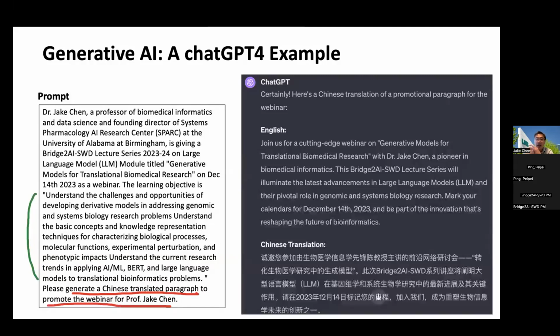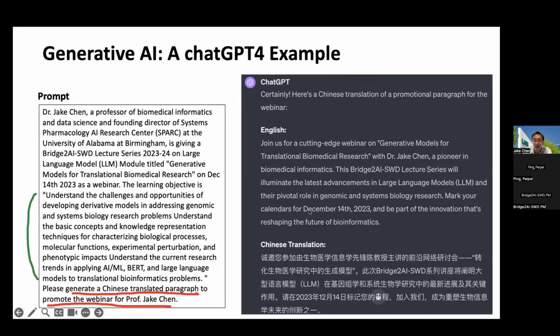ChatGPT said, certainly, here's the English translation. Join us for a cutting edge webinar. He's not very humble, but the cutting edge webinar on this topic by Professor Dr. Jake Chen. This series will feature large language models and their pivotal role in genomic and systems biology research.